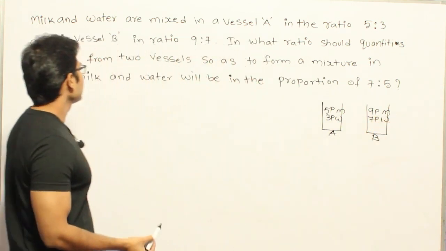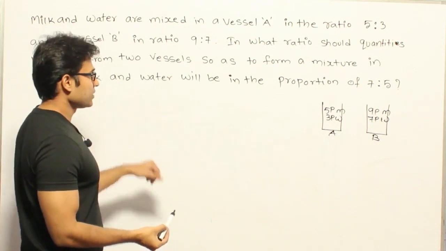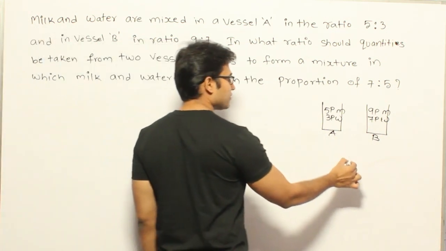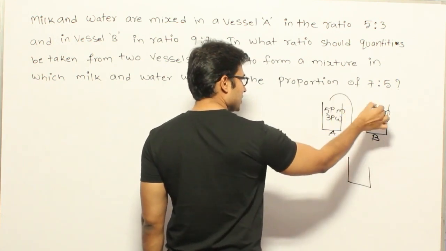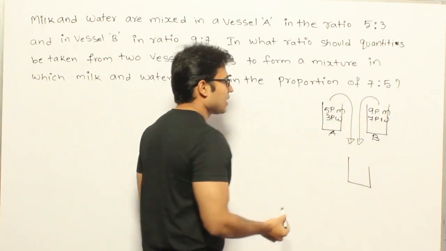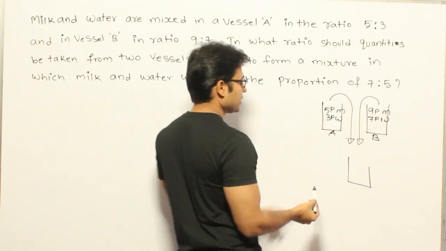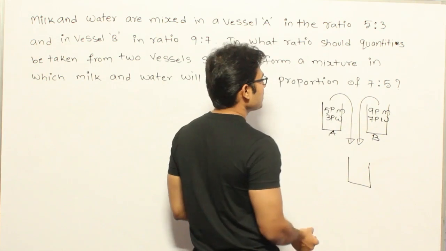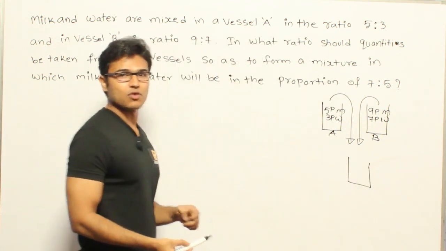Now from this they are saying, in what ratio should the quantities be taken? So we are going to form a new mixture by taking some quantity of this and some quantity of this, in such a way that the final mixture is going to contain milk to water in the ratio 7:5.